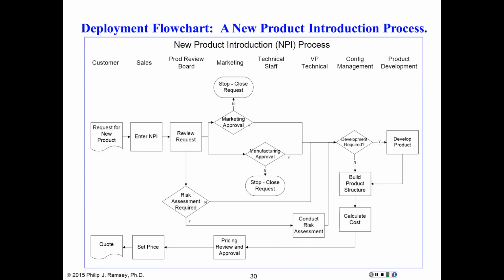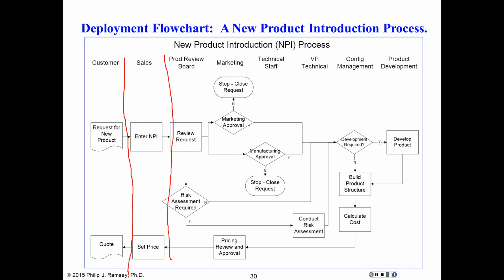And here's an example. This is one from a large Six Sigma project some years ago. This has to do with how a company goes about deciding upon new products and how to introduce them. And again, I could go through here and draw swim lanes. That's why these are sometimes called swim lane charts. I won't do all of them, but you can see this was a very complicated process, and in point of fact, it was much too slow.